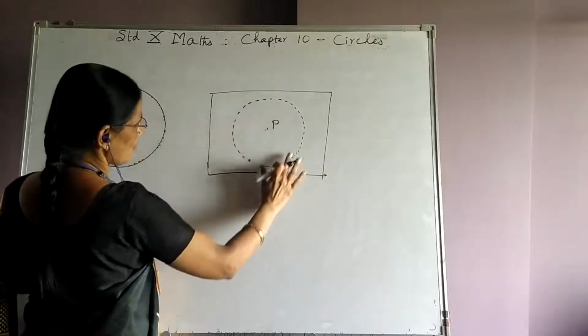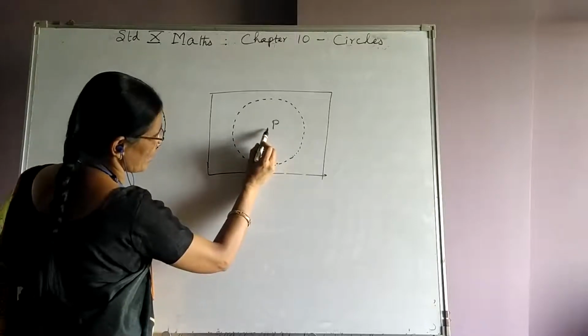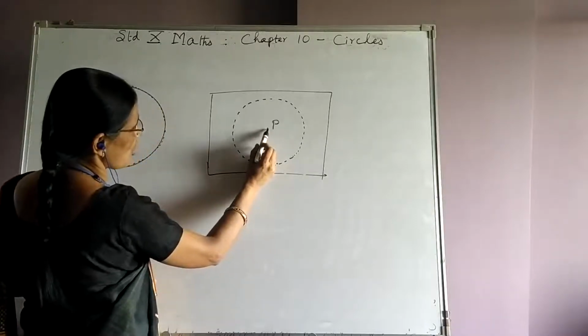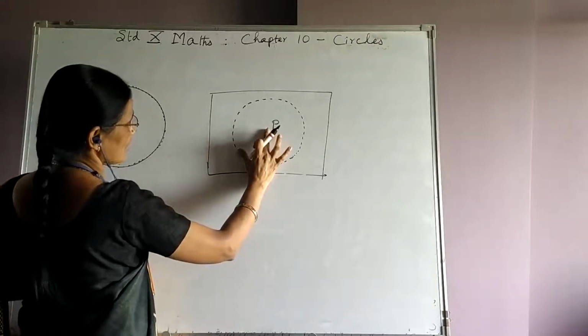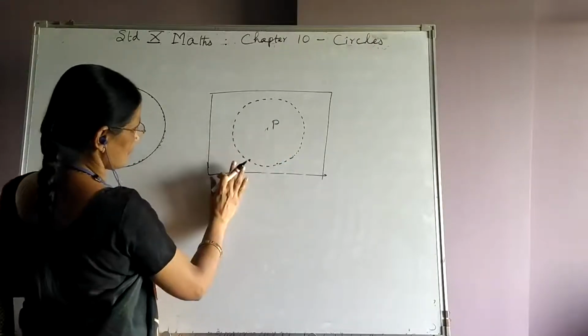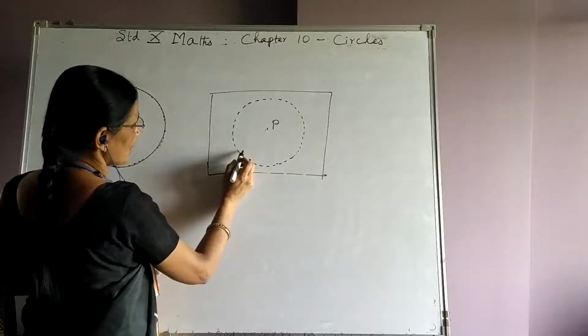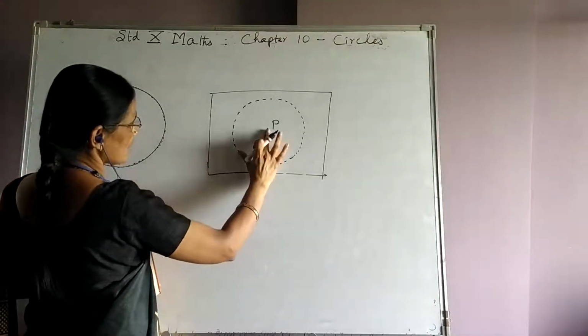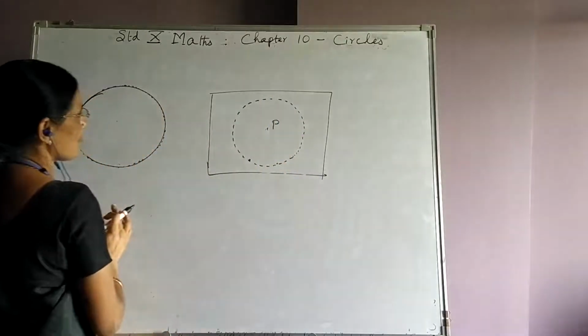So it is a set of points which are at equal distance from a fixed point. That fixed point is called the center of the circle, and the fixed distance we have chosen is the radius of the given circle. So a circle is a set of points which are at equal distance from a fixed point in the same plane.